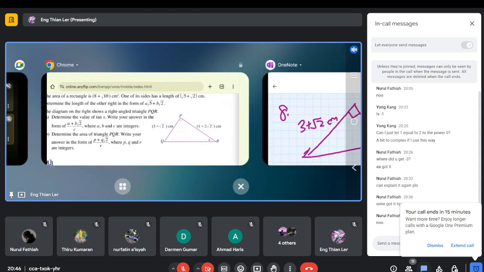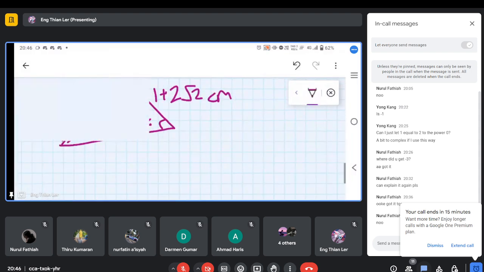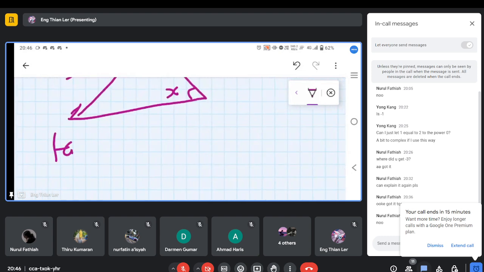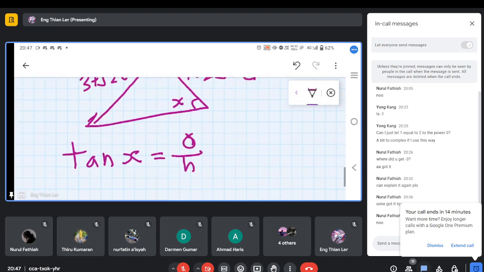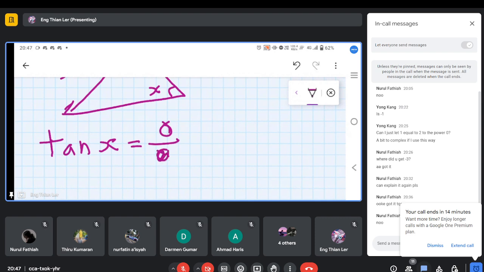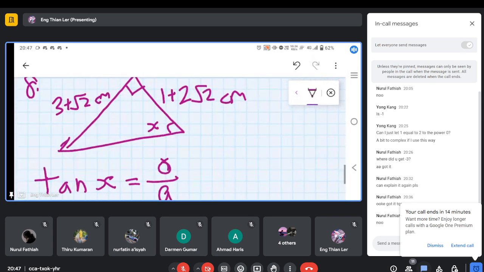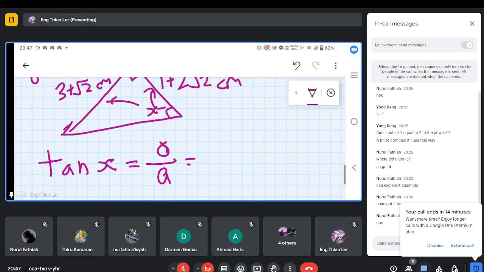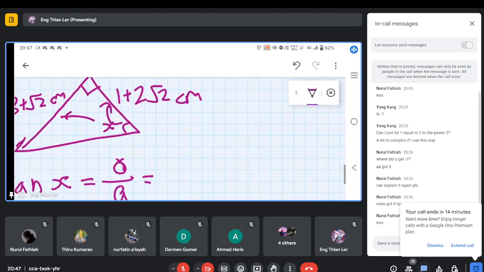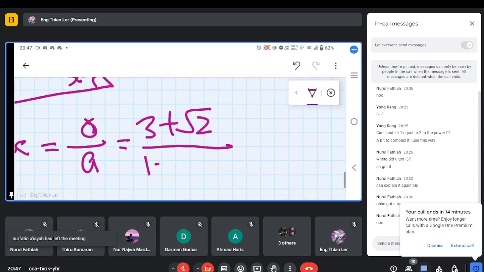We need to determine the value of tangent x. So tangent x equals opposite over hypotenuse. Wait, no, adjacent, sorry. The opposite is this and the adjacent is this. So it equals the opposite, which is 3 plus root 2, over 1 plus 2 root 2.